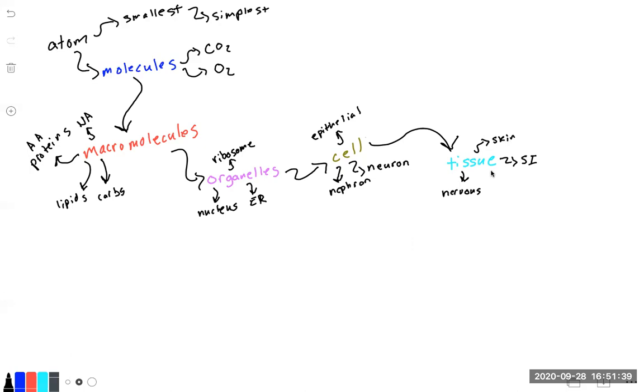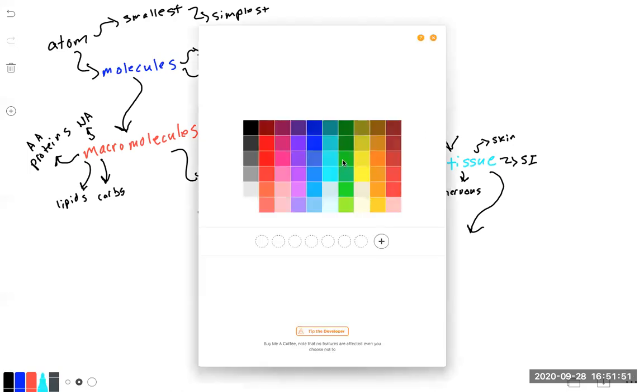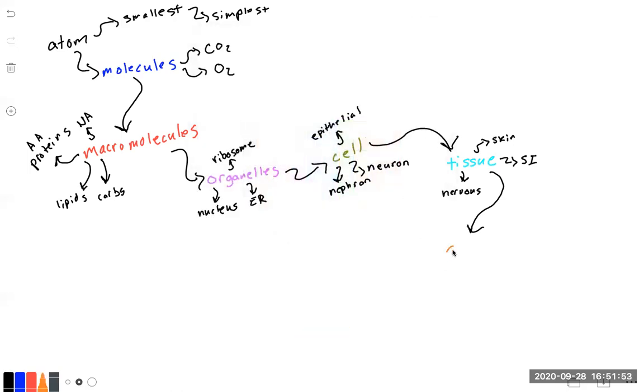And when those tissues really start to work together, they are going to create our next stop, which is an organ. Actually, let's keep the multicolors going. And this is where really the complexity starts to get ramped up. We, of course, know a lot of organs. We have our heart and our lungs.